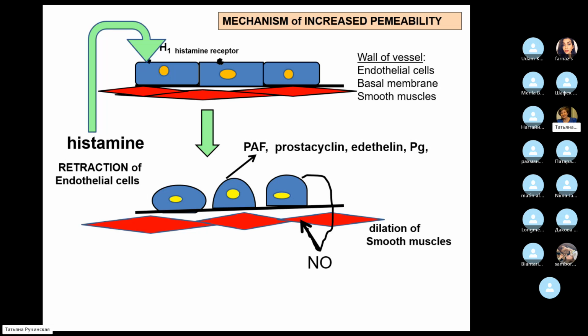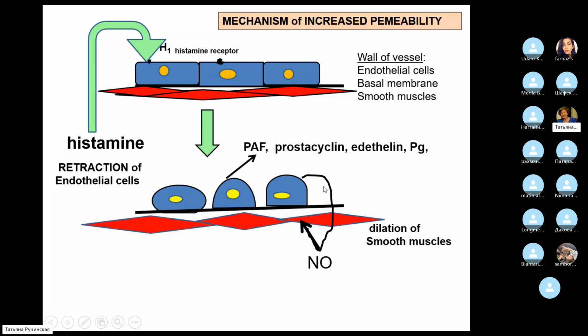So activated endothelial cells can secrete mediators. At first, they begin to synthesize them and then secrete. And there is only one mediator which is in preformed state in endothelial cells. It is nitric oxide. So endothelial cells release nitric oxide.